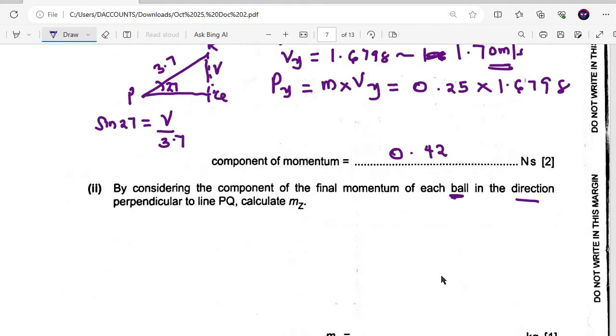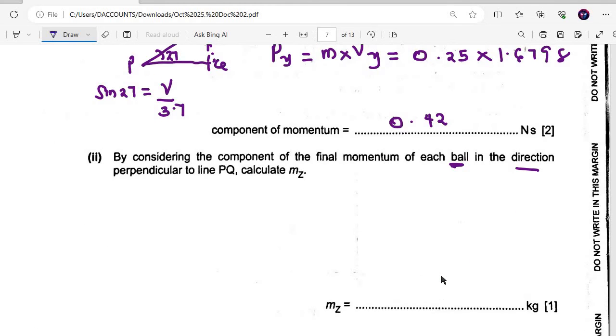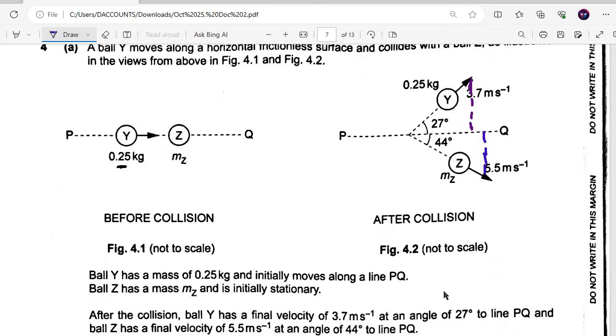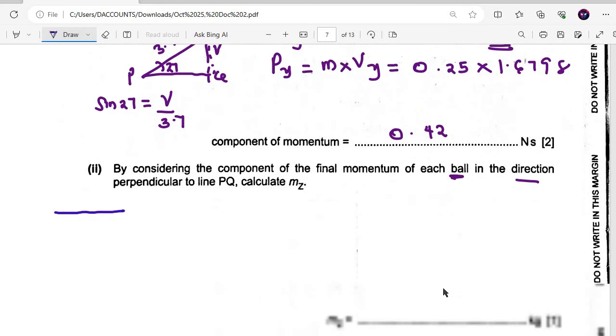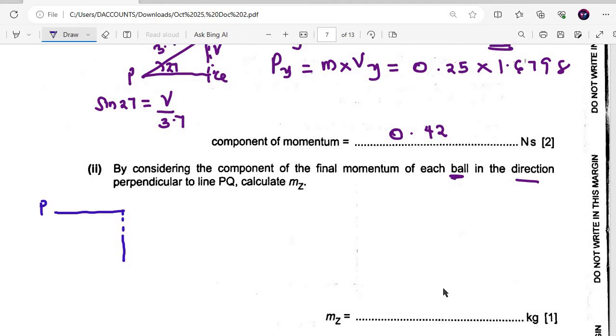It looks like this. The component is downward, because this is PQ, and it's something like this. We have the angle of 44 degrees, and this speed is 5.5.